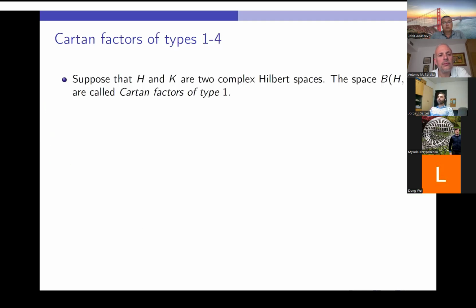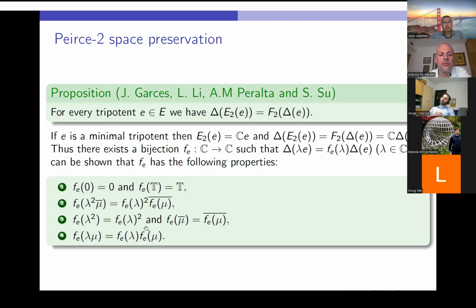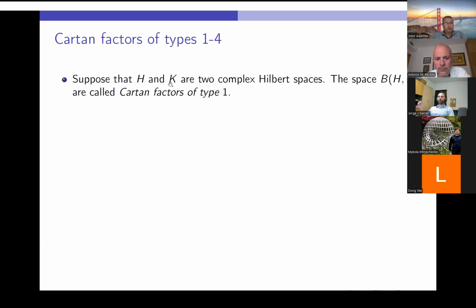Well, next, now this was already for general J*-triples. Okay, but now in order to show our main results, we need to move to some very special J*-triples, which are the atomic J*-triples. But first, we need to introduce the Cartan factors, which are the building blocks of atomic J*-triples. Maybe we are not going to stay long in the definition, but these are classified in 6 types. Okay, so we have the rectangular Cartan factors.